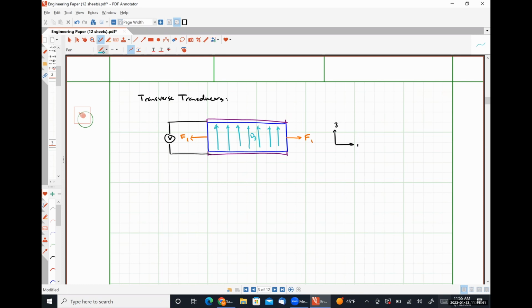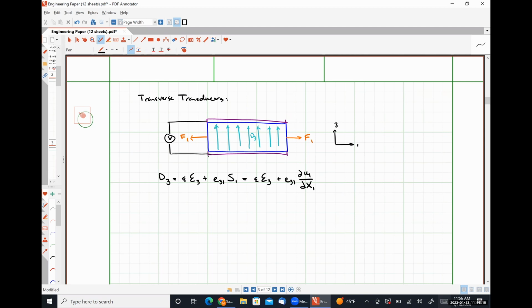Okay. So in this configuration, D3 will be epsilon times E3 plus lowercase e31 times S1, or epsilon E3 plus lowercase e31 times the derivative of U1 with respect to X1.